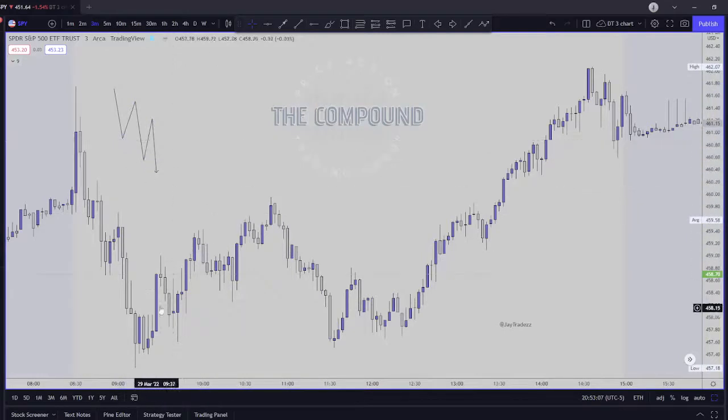Then we have that bullish structure, which is a higher high, higher low, higher high, higher low, higher high, and a higher low, and a higher high, which is this.